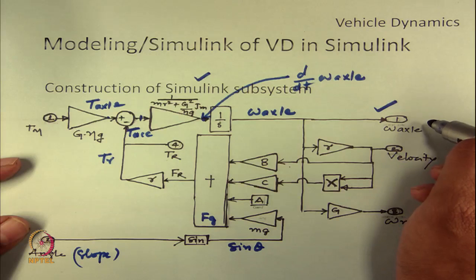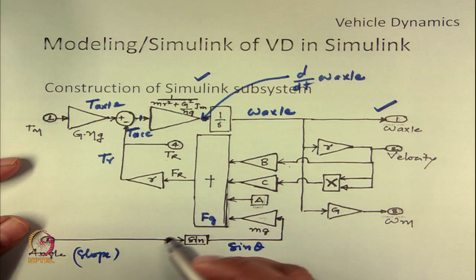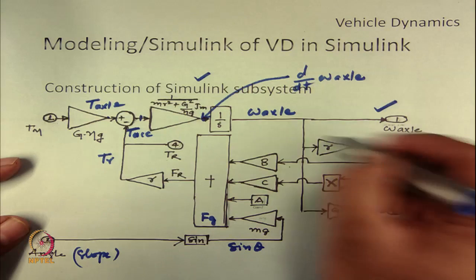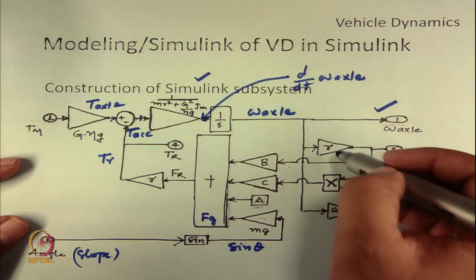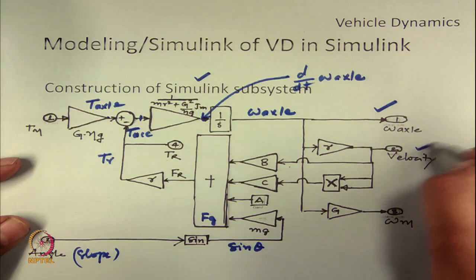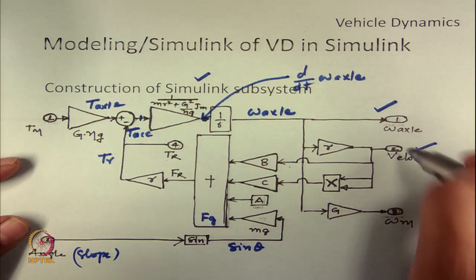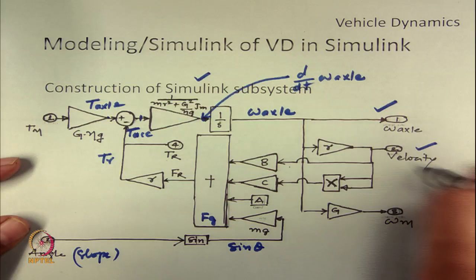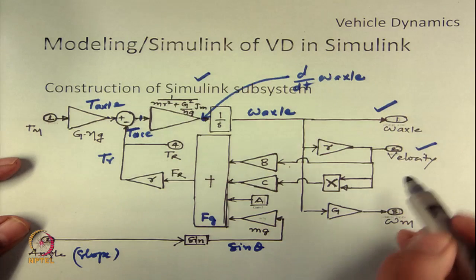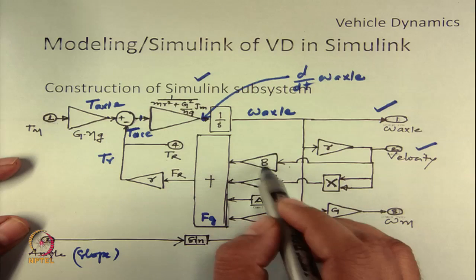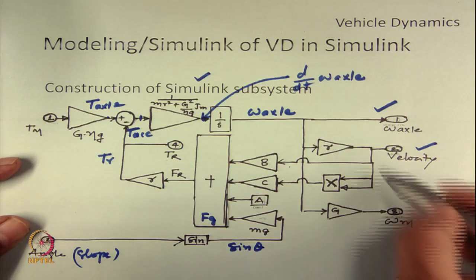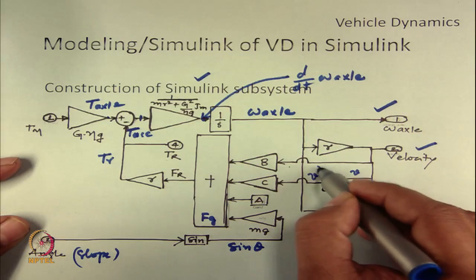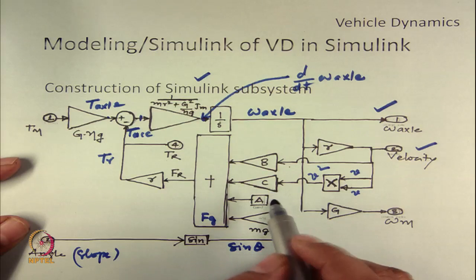So, once the omega axle is known, and if we have the information of the radius of the wheels, we can multiply omega axle into r by means of a gain, and we can get velocity. So, this is the second output. So, now we have the velocity information. So, once you have the velocity information, we can use it to calculate the BV force and CV square force. So, here V into V will create a V square. We can multiply by C to get the CV square.